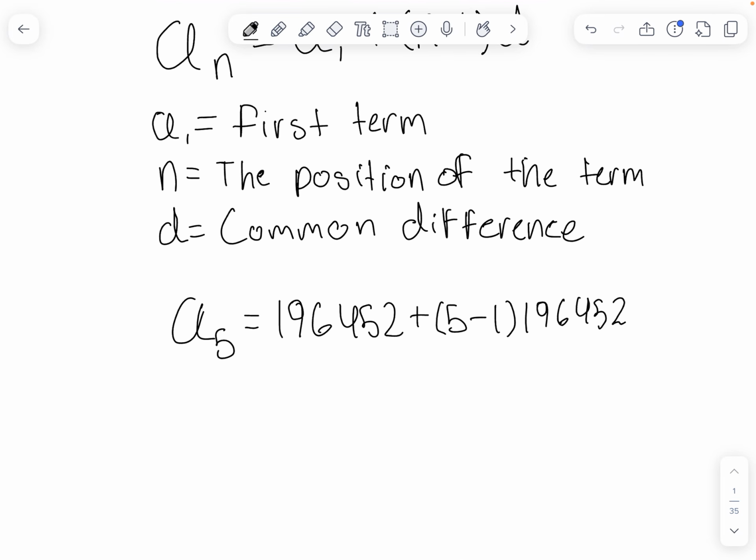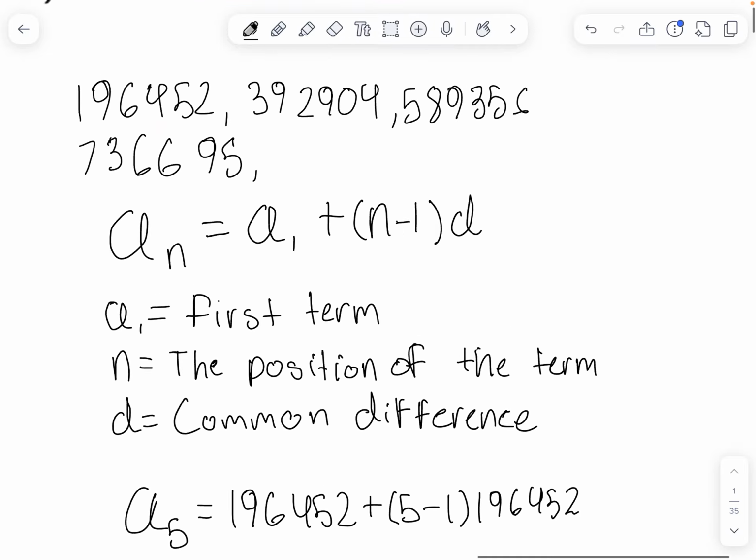So now if we compute all of this, hang on 1 second.